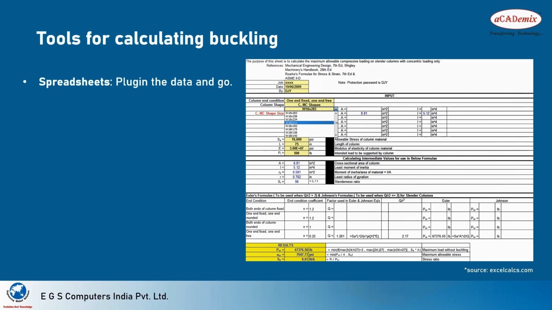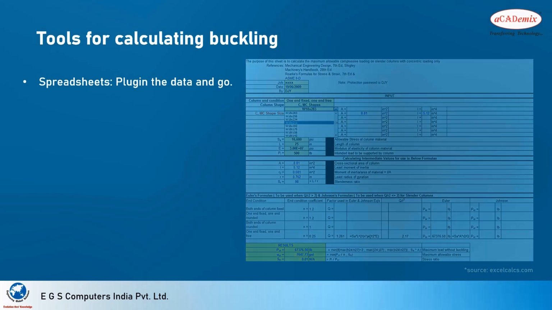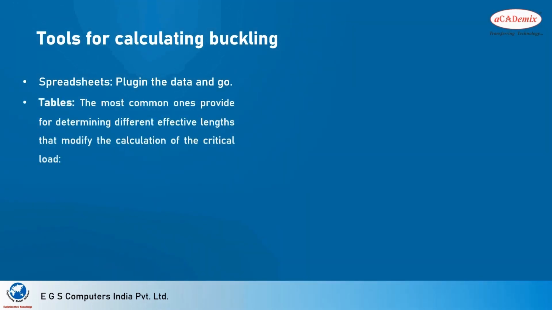A person with good skill in Excel can create a unique sheet based on his requirements. Tables provided in steel construction manuals, especially the AISC steel construction manual, are also useful for determining different effective lengths that modify the calculation of critical loads.